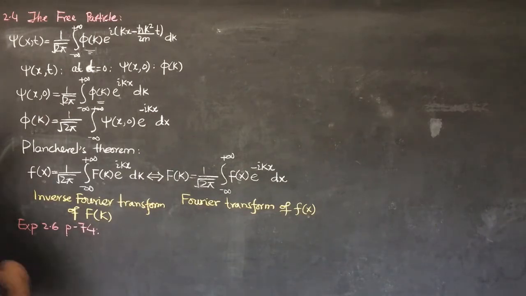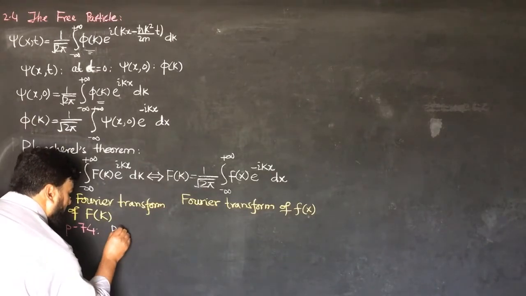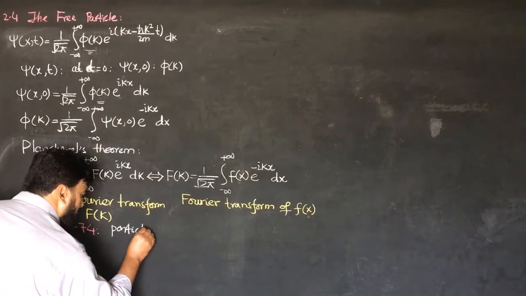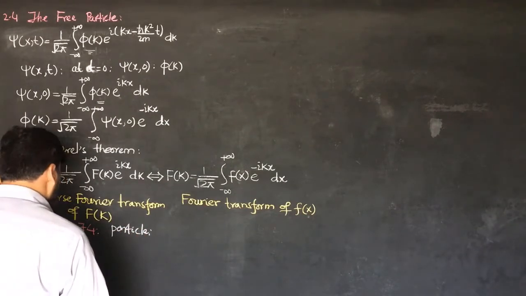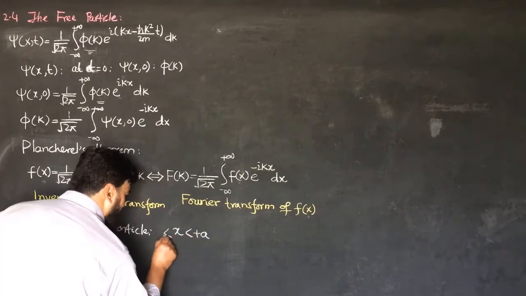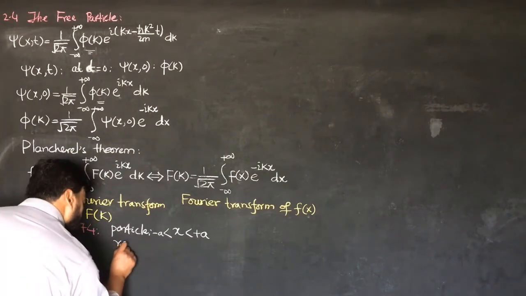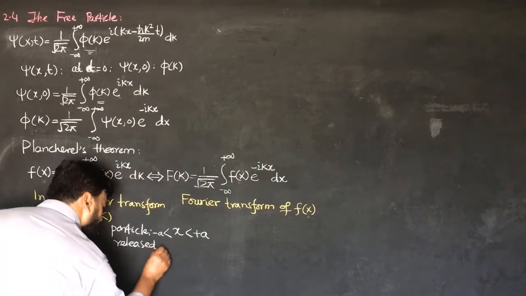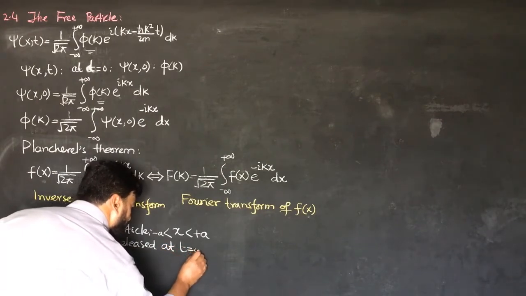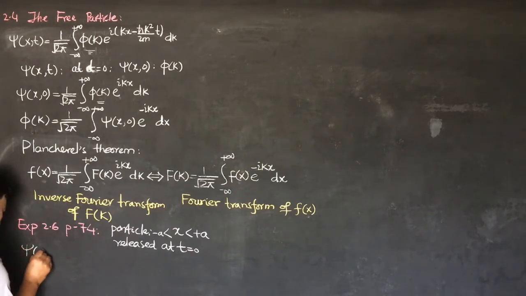The example says that a free particle is initially localized in the range, and the particle is free to move. It is initially localized between x equal to plus a and minus a, and it is released at time t equal to 0.